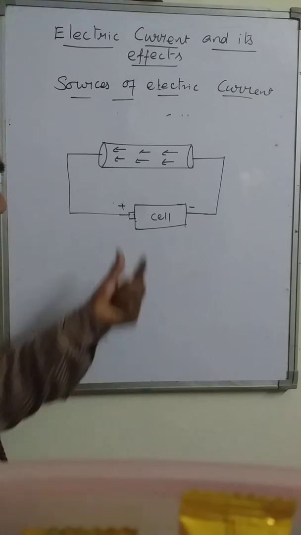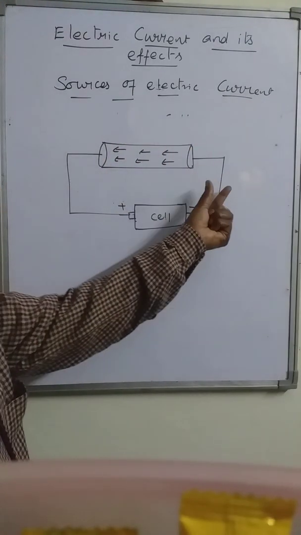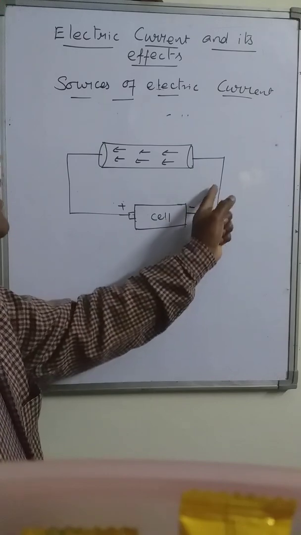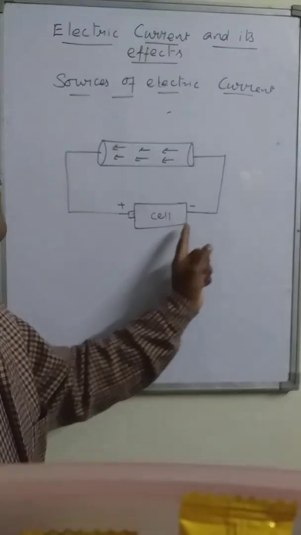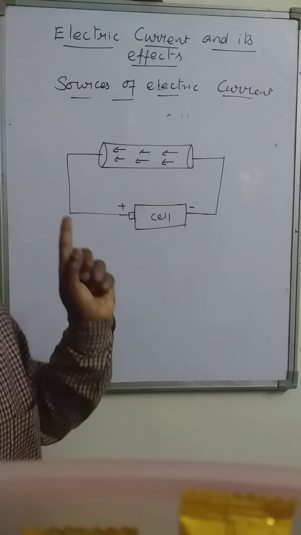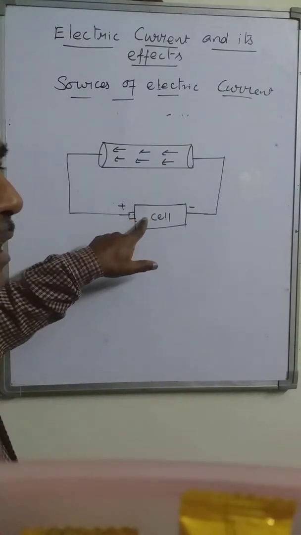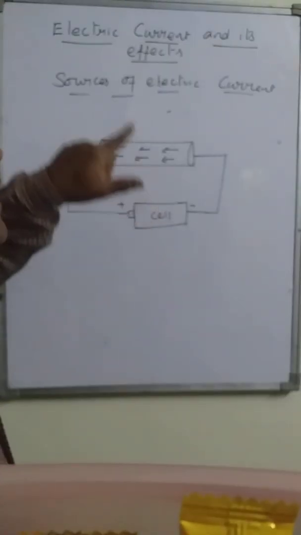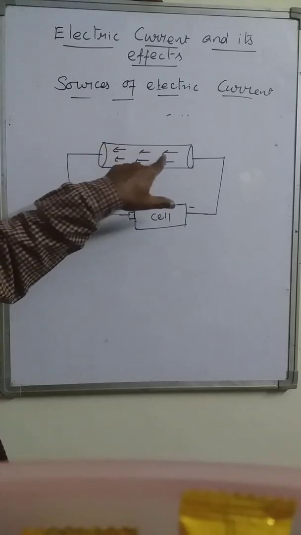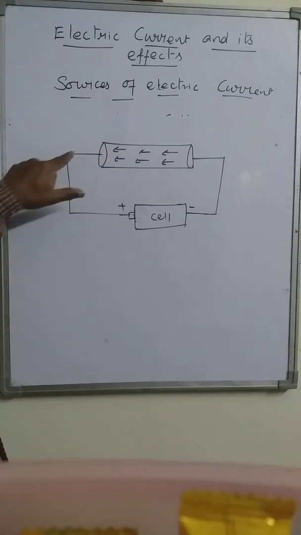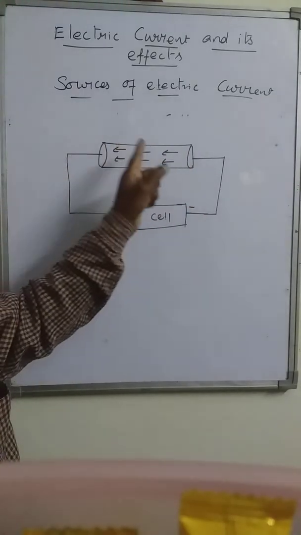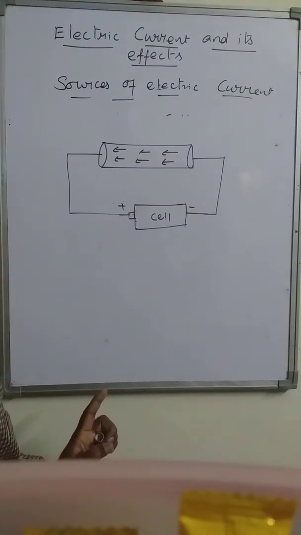So the chemical energy is converted into electrical energy and then the electric current flows through it. This cell is supplying energy for the flow of these charges through the conductor, which causes the electric current. Right?